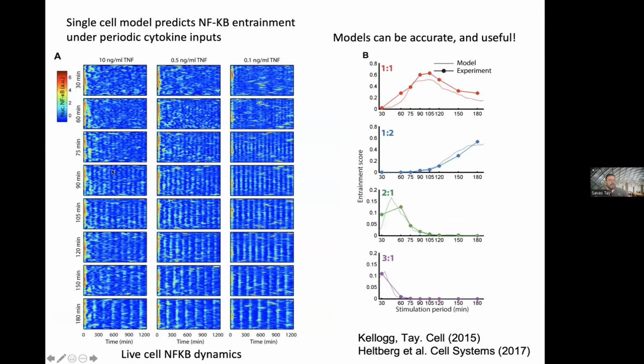On the left-hand side here, we have a very complex experiment. It's an actual microfluidic experiment where the cells have been put in culture. They have been stimulated with periodic pulses of TNF, this important cytokine, at different periods. As you can see, 30 minutes, 60 minutes, 75 minutes.